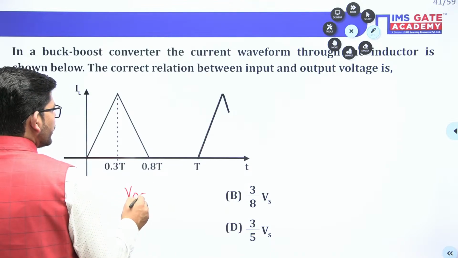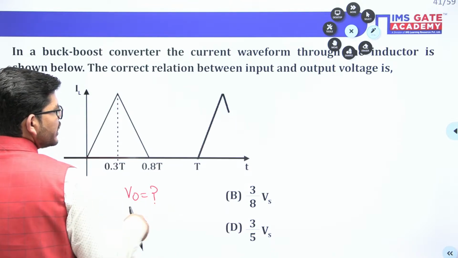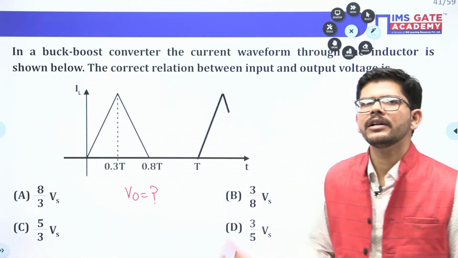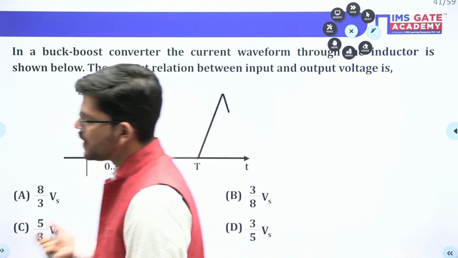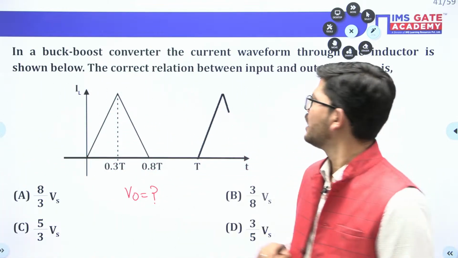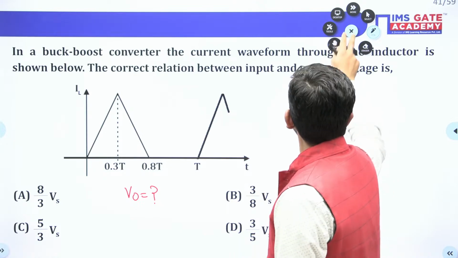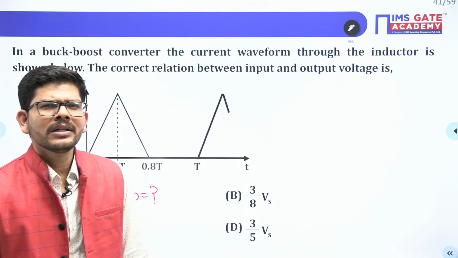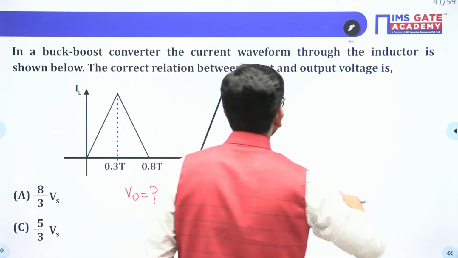Ultimately we have to determine the output voltage in terms of the input voltage. This looks to be a very different, very tough problem, but it isn't so. How will we approach this? Guys, if we don't remember anything, just draw the figure of that particular converter.